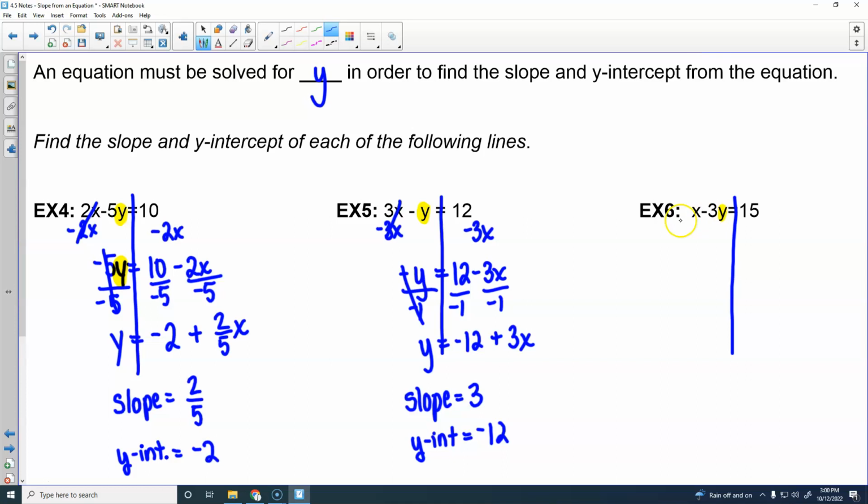We want to move the thing furthest from the y, which is going to be that x. So we're going to subtract that x there. So that'll leave us with -3y equals 15 minus x. And then, Cameron, what would we do after that?